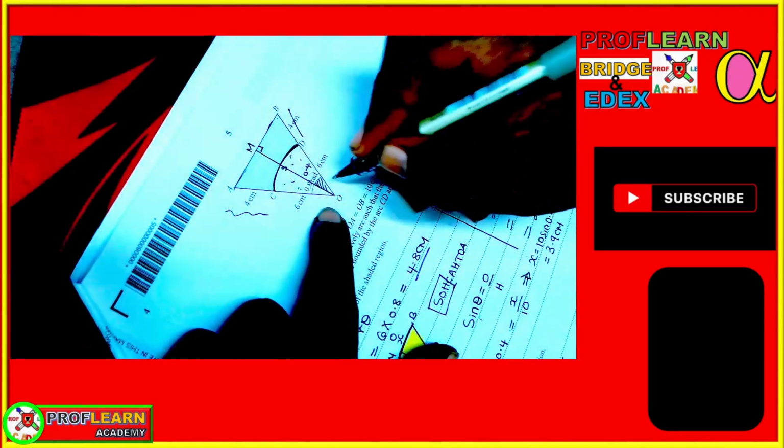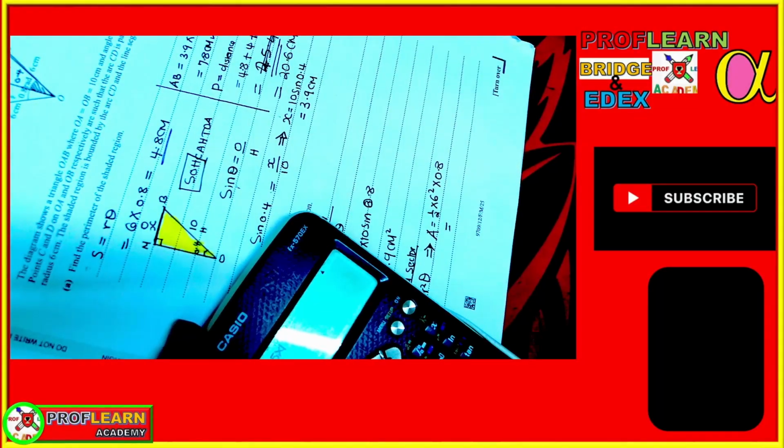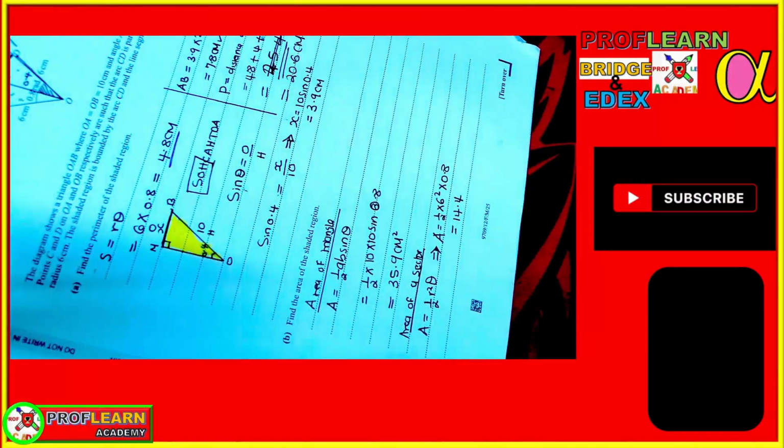So the area is equal to a half times the sector has a radius of 6, so this is 6 squared times 0.8. If you work it out, 0.5 times 6 squared times 0.8, you're going to get 14.4. That is the area of the sector.